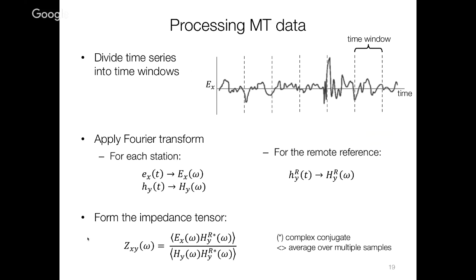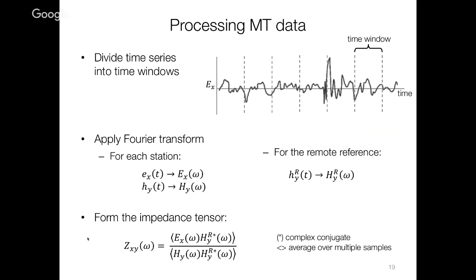So you were to average over different time windows, so from each time window you do the Fourier transform and you get an analysis and get a result, and then you average the results from all those different time windows. Yeah, that's pretty close. So we take one of these little time windows and we do a Fourier transform on that, we get an EX, and then we do a Fourier transform on the same time window for H, and we get HY.